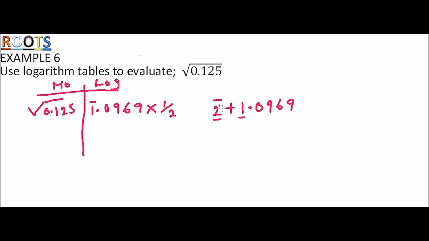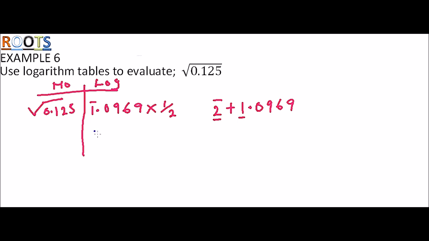So if you add bar 2 plus 1, you still end up with bar 1.